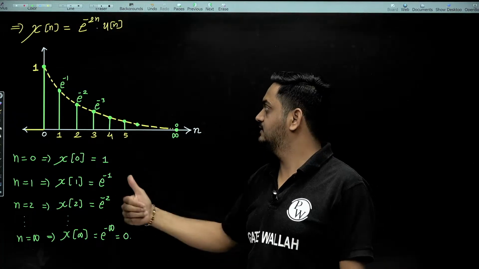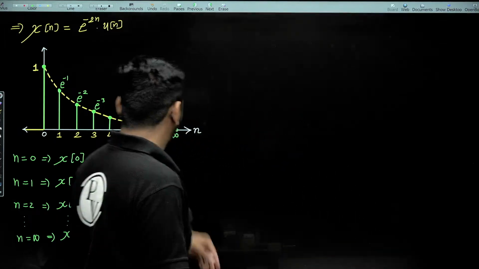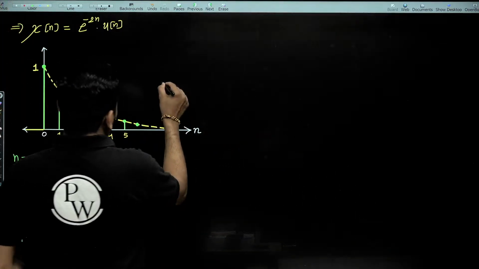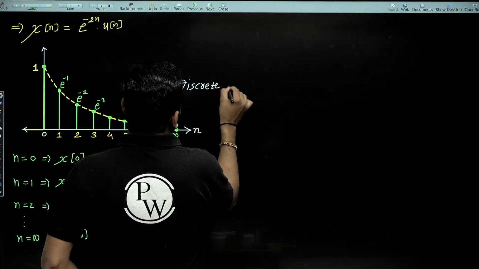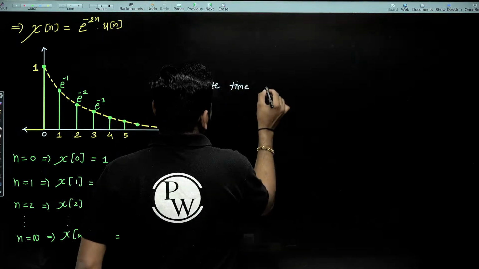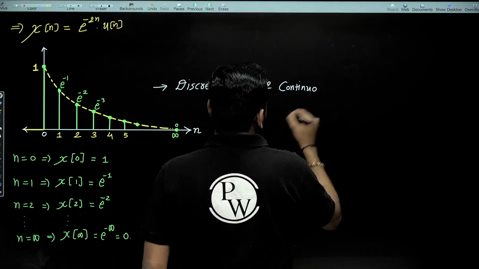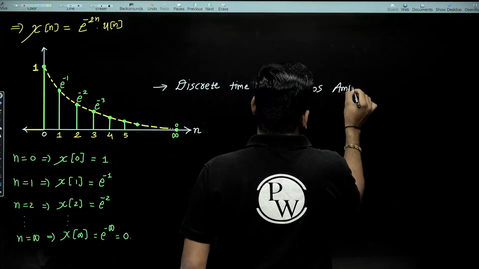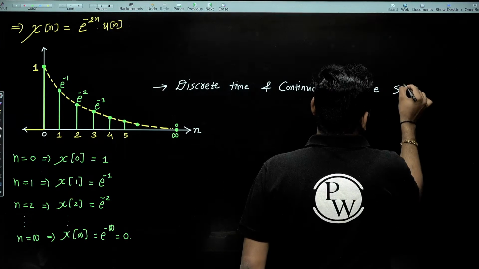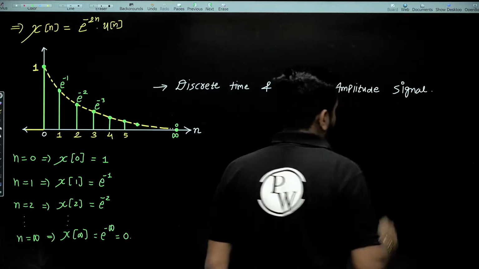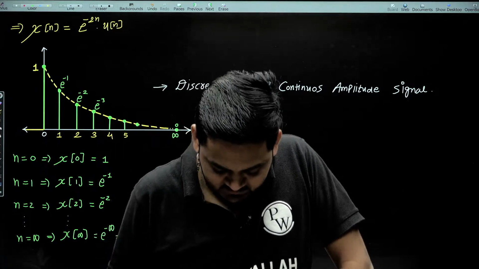So again we can say this is the example of discrete time and continuous amplitude. Clear? Is this clear?